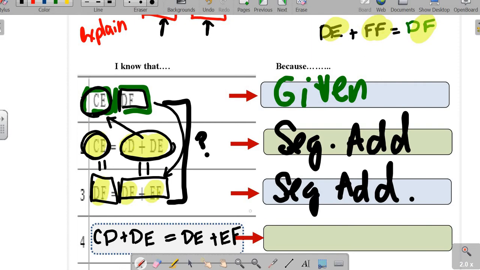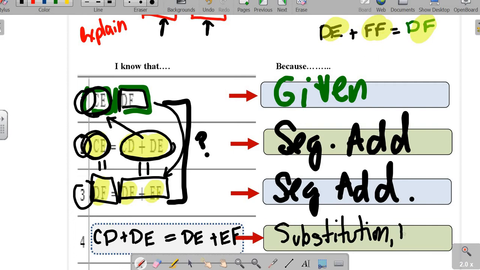Now, what is that called? You take something out, you put something else in. That's called substitution. And what lines did we use to substitute? We smashed together lines 1, 2, and 3.